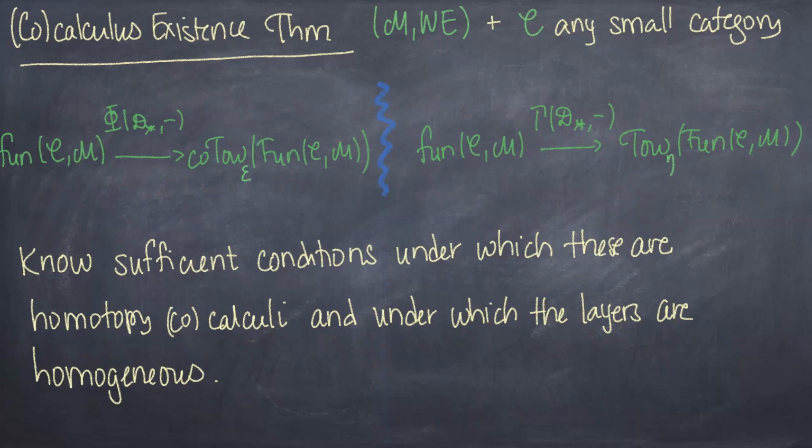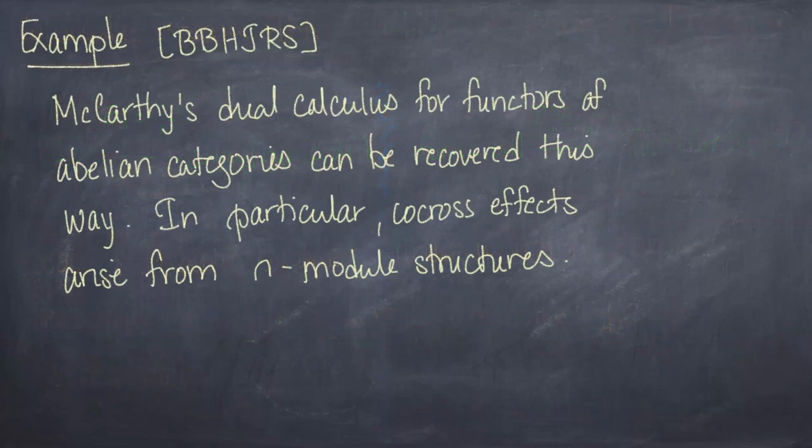So in the work that I did together with my partners in the Women in Topology project, we were inspired to think really about this dual situation of monads leading to co-calculus by work of Randy McCarthy on a dual calculus. He defined a dual calculus for functors of abelian categories. And it was defined in terms of what are called co-cross effects, which are dual to better known cross effects.